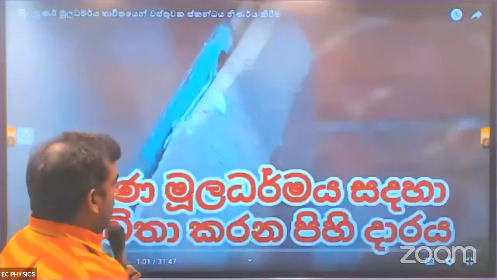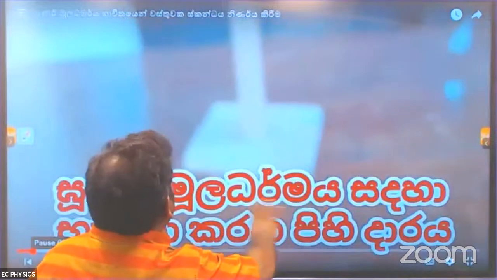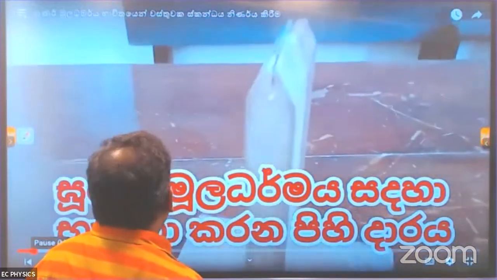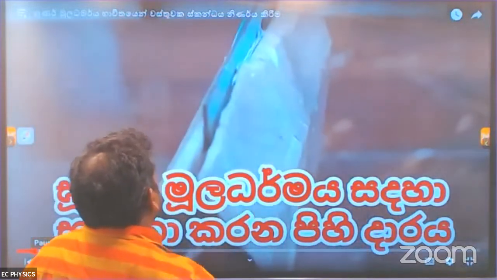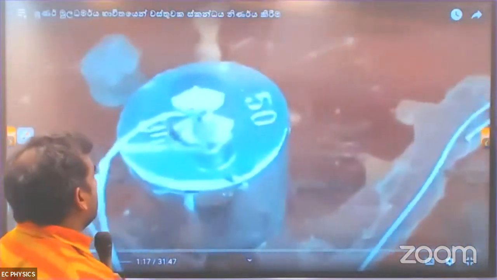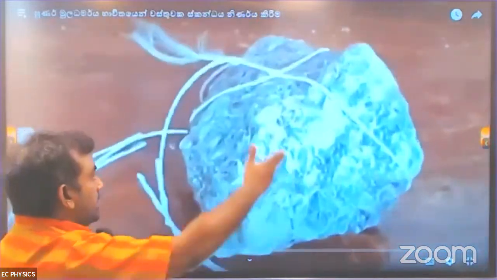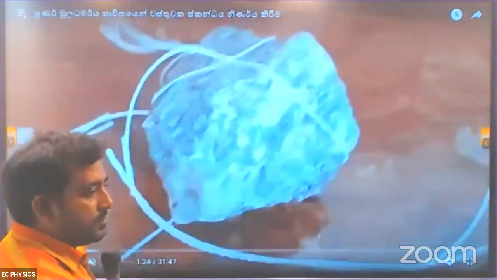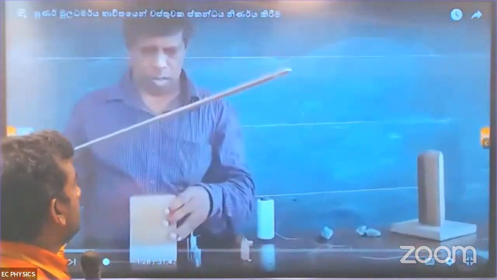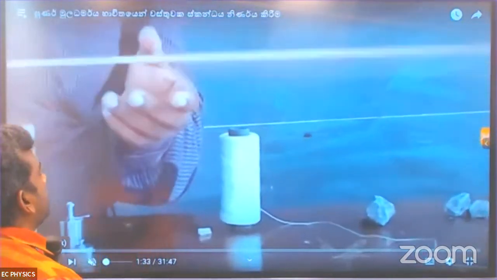You make sure the knife edge is perfect. This is the principle of moments. This is your 50 gram weight, known weight. That's your unknown weight.